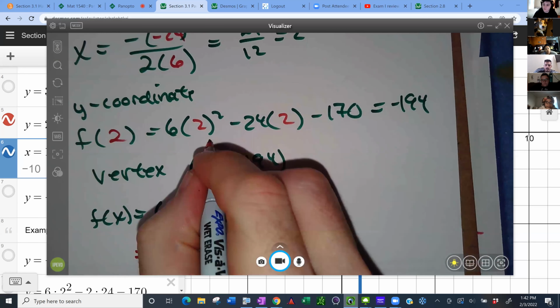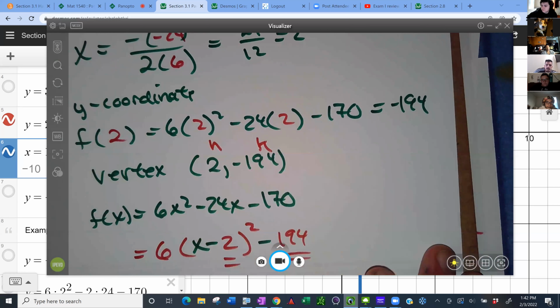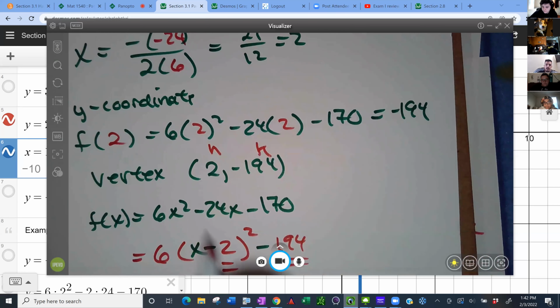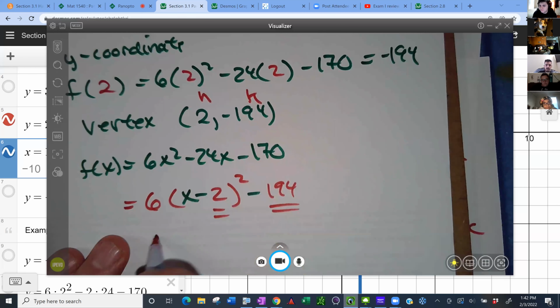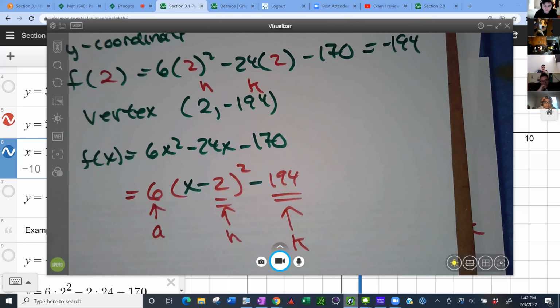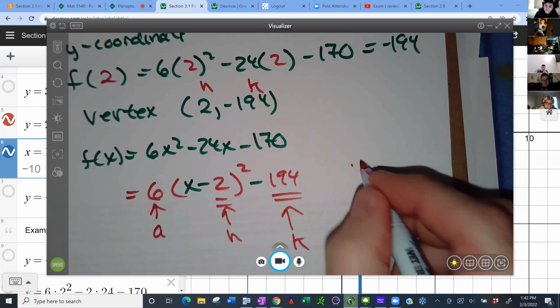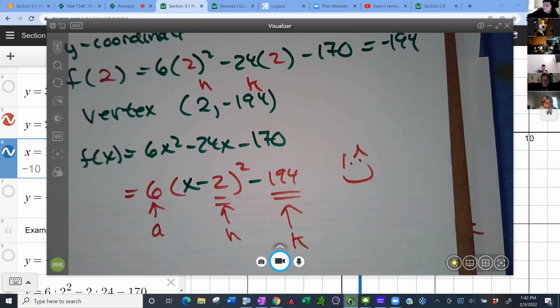Here's my h, here's my k. This number out front was my a, so there's my a, there's my h, and there's my k. So I just took that information, I plugged it in. And now that's in standard form, and you and your instructor are both really, really happy about that.